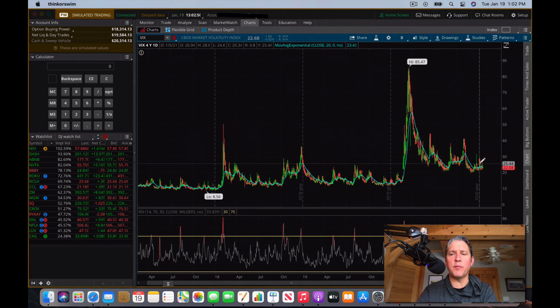You can see in the present moment right here, early in 2021, no pun intended, the VIX is going to have some volatility. It's going to be up and down all the time. But just as you look at it as a time frame that's a little bit longer than one day or a week, you can see it's at 22.